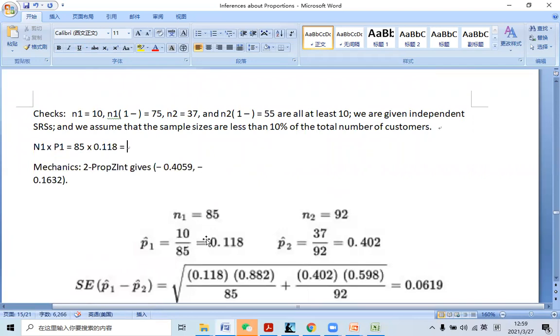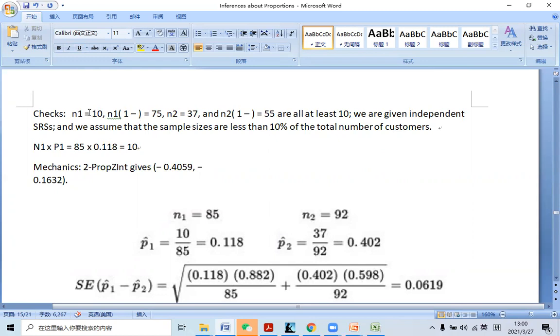Is that larger or at least equal to 10? 85 times 0.118 is 10. Yeah, it is equal to 10. It's okay. It's on the boundary, on the border, although it's not really good.